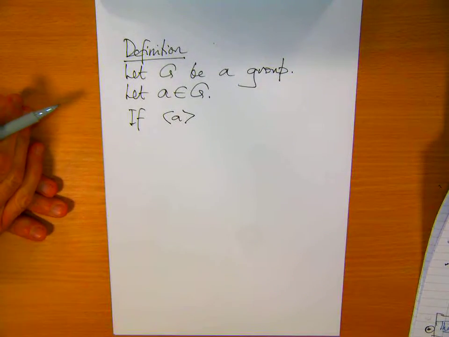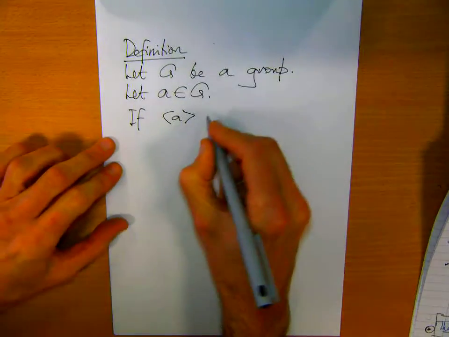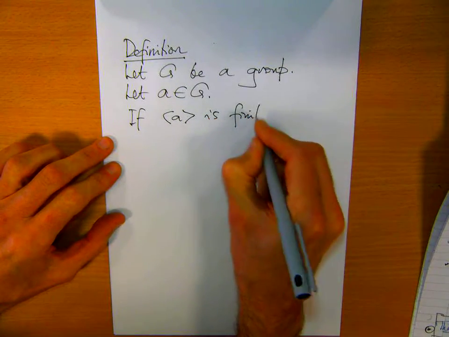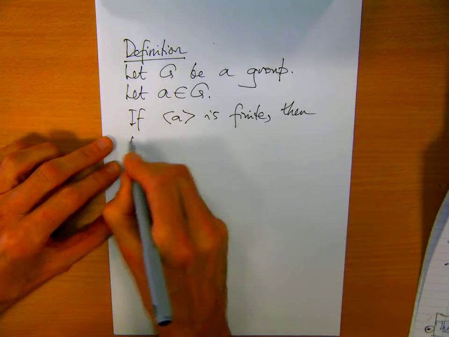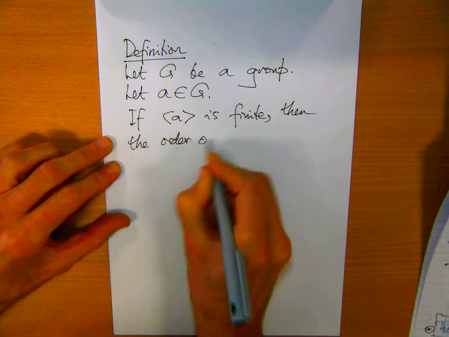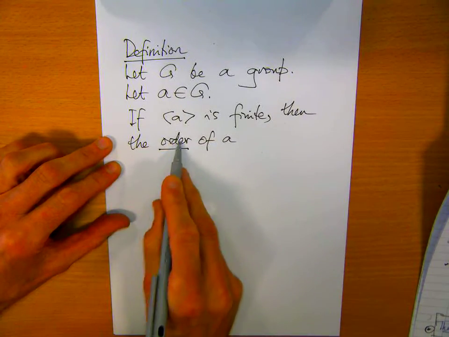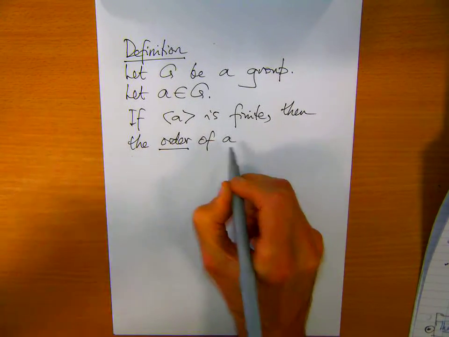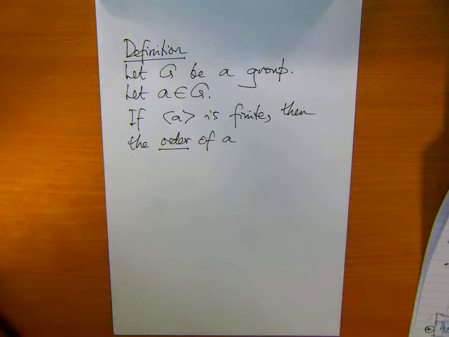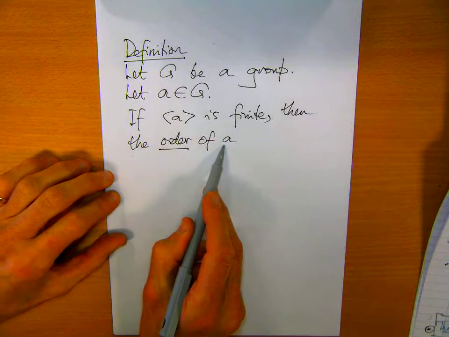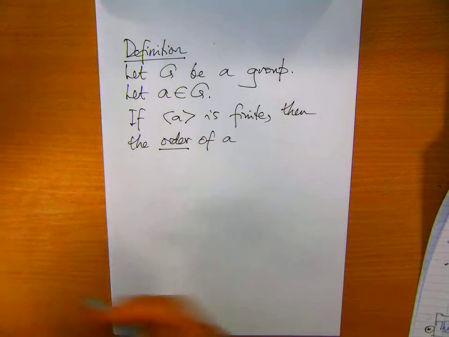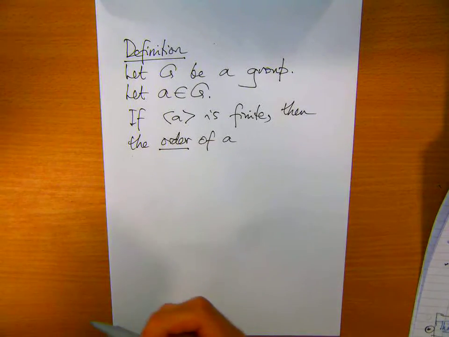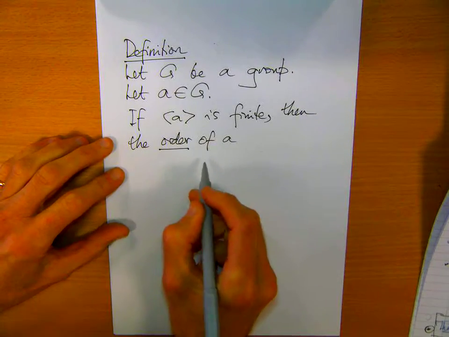It's either finite or it's not. So if it's finite, then the order of a, so I'm defining the word order here, for an element, notice, we've already used the word order in the context of the group. It's the cardinality of the underlying set. But here this is the order of an element. So the word order is being used to mean two different things, but happily, as we'll see, the two uses more or less coincide wherever appropriate.